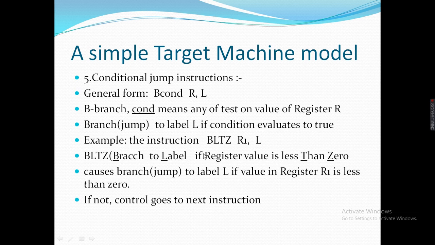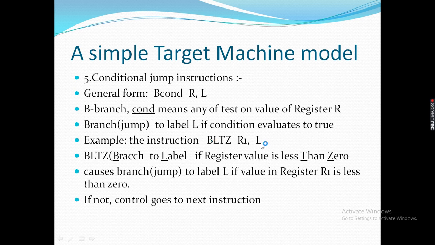For example, consider the instruction BLTZ R1, L. What is the meaning of this instruction? B means branch.